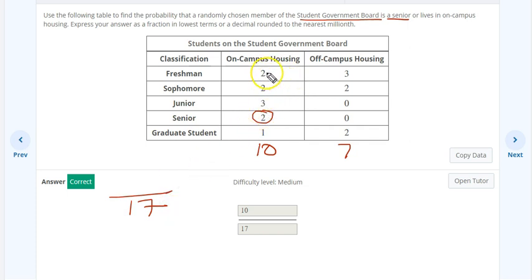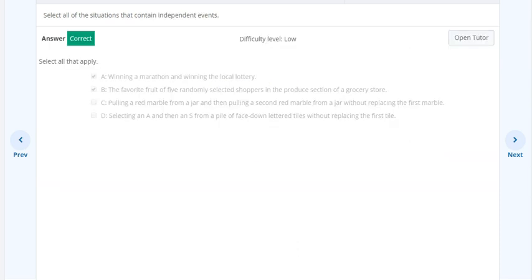And since we want a student that is a senior, or students that live on campus, this is not repeated, so this is just going to be 10 out of 17. So again, not too bad. Again, there are different examples of what you're going to get, but you might get some of the same, but the strategy for doing it.